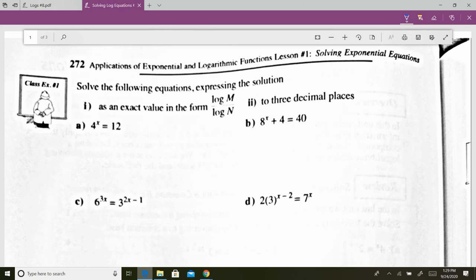How does that differ from the one on the previous page or this one here? Yeah, we're adding it to something. So what you want to do is get one term on the left, one term on the right. So I'm going to subtract off the 4. And I'll have 8 to the power of x is equal to 36.